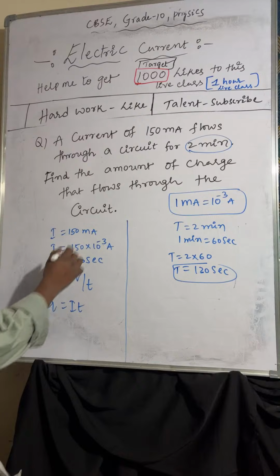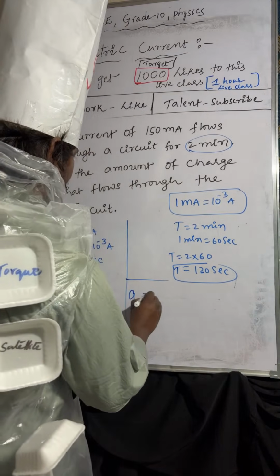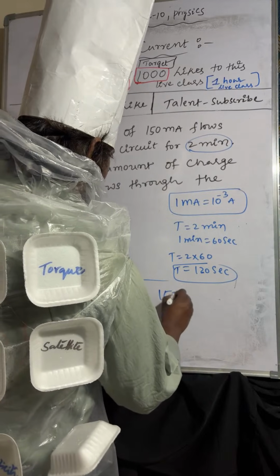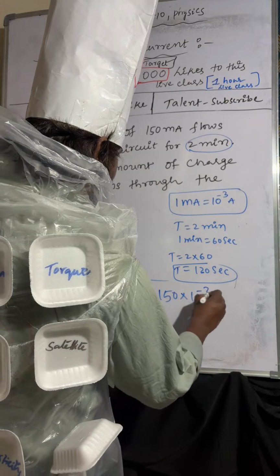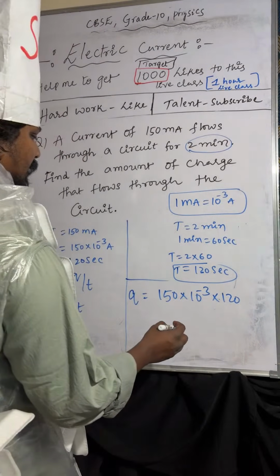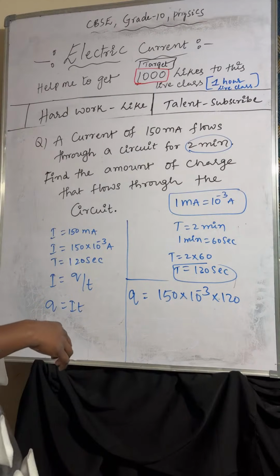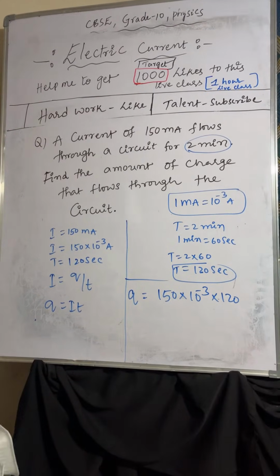So q equals how much? q equals 150 into 10 power minus 3 into 120 seconds. Right? So if you multiply, you'll get 15 into 12, how much?